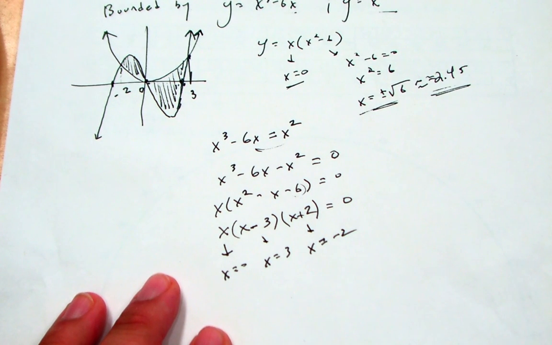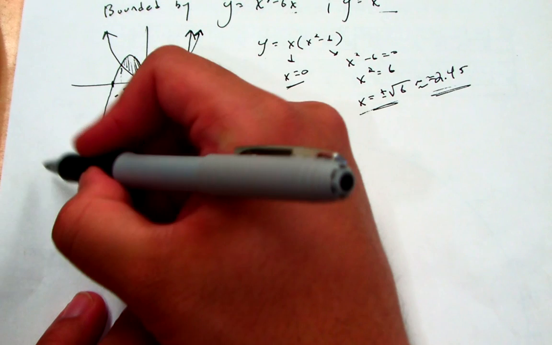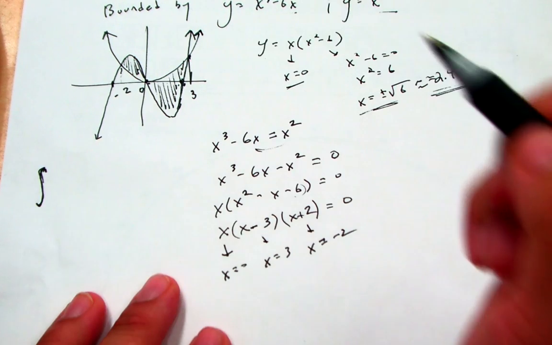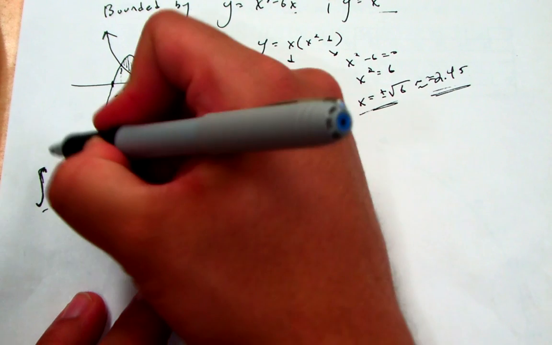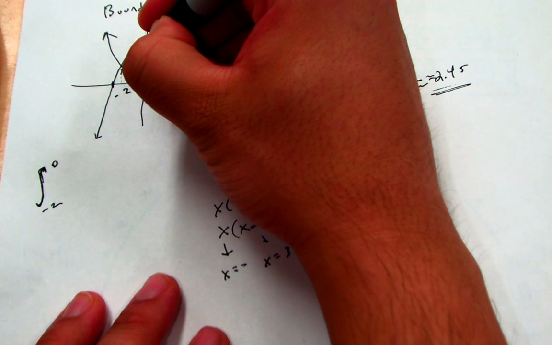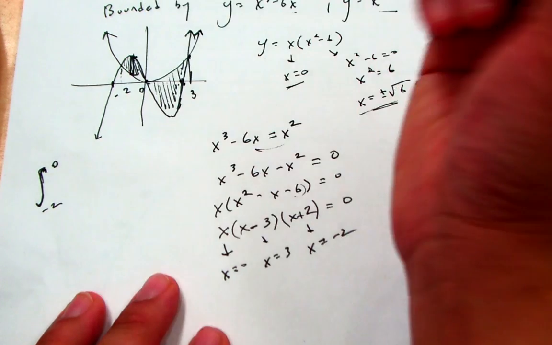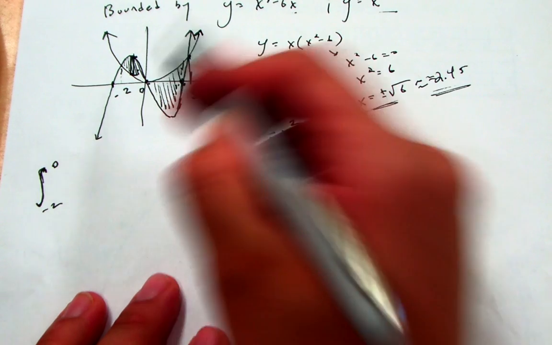Well, that's going to be very important in order for me to set up my two integrals based on these intervals. So my first space over here, the smaller space, is going to be the definite integral, the area under the curve, or the sum of infinite rectangles, taken from negative 2 all the way up to 0. So all of these little slices, and these slices have a length defined by upper function minus lower function, or top minus bottom, which in this case is the cubic minus the parabola.